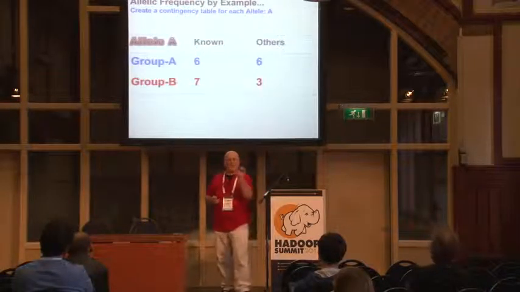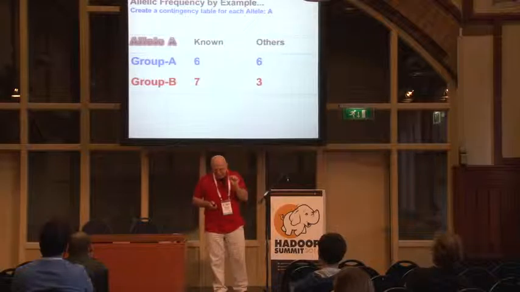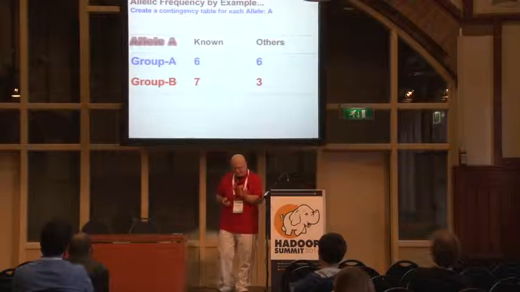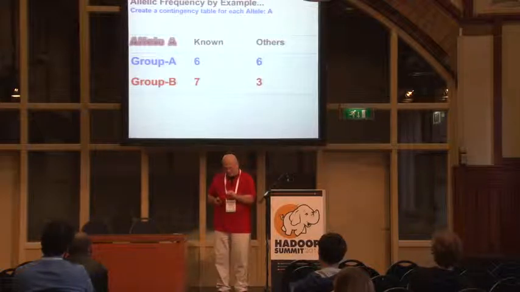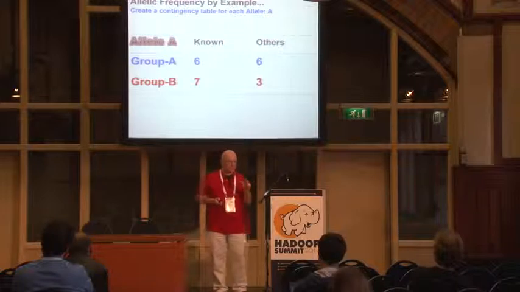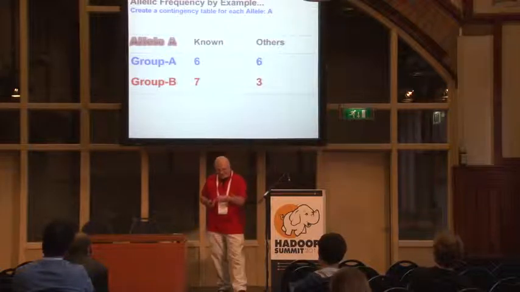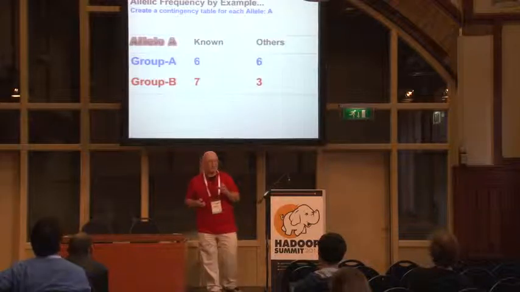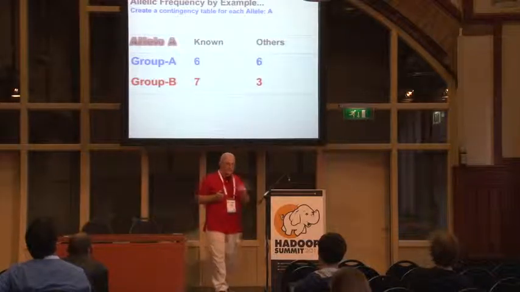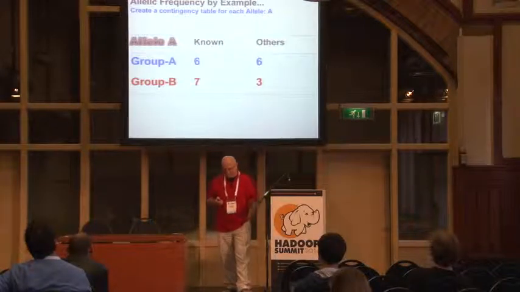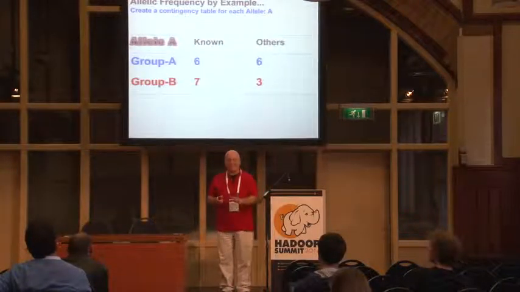If you take just one single allele, A, and group B, it's 7 and 3. So 6 and 6 becomes 12, double the size of the first bioset group, and 7 and 3 is 10, 2 times 5, double the size of bioset group B. This is called a contingency table.